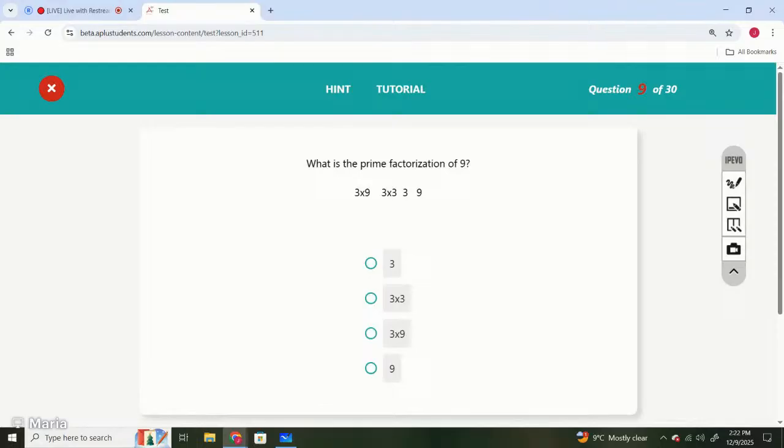What is the prime factorization of 9? That is 3 times 3.